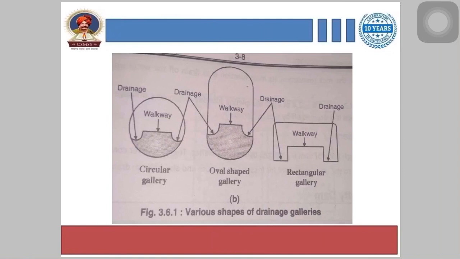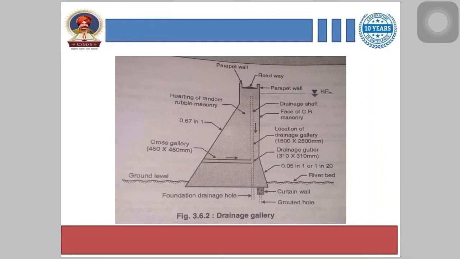These are formed as the concrete is placed, and certain important shapes are rectangular, circular and oval shaped. This is the figure for the drainage gallery.